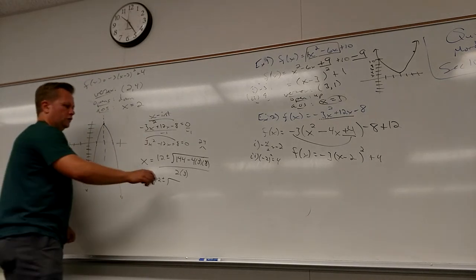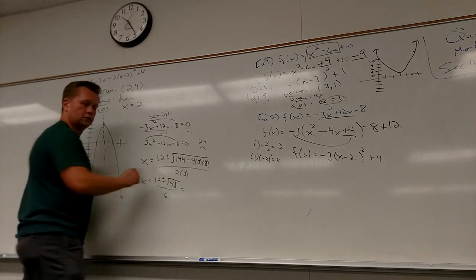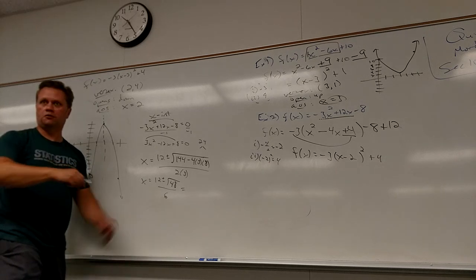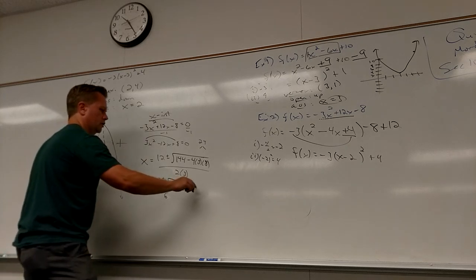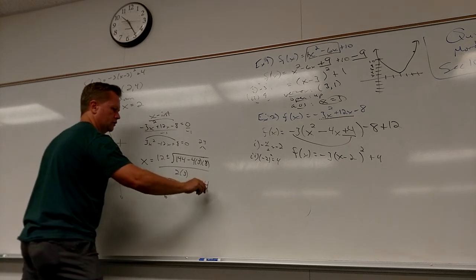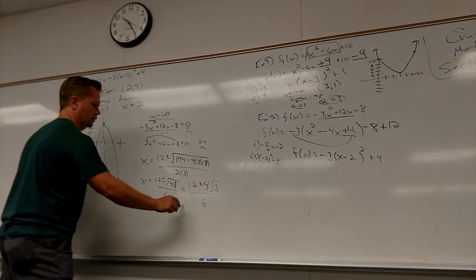What would that be? 48, all over 6. This is stuff you're going to have to be able to do yourself, by the way. 12 plus or minus the square root of 48; 16 times 3 is 48, so the square root of 16 is 4, all over 6.